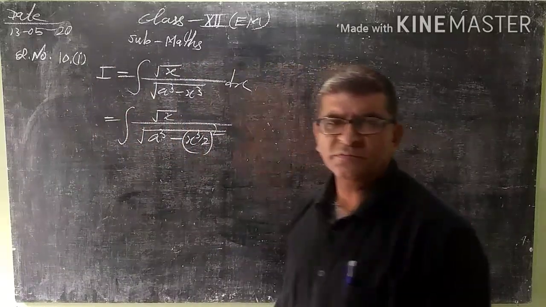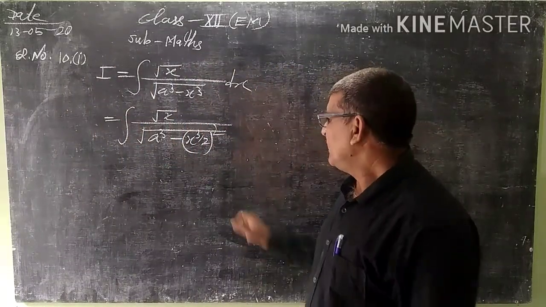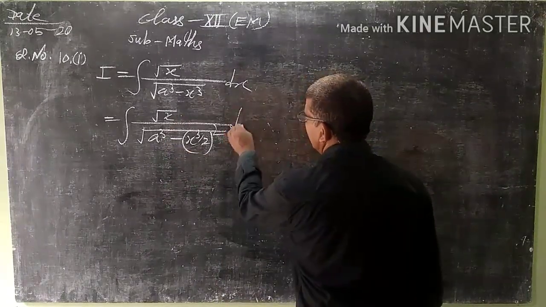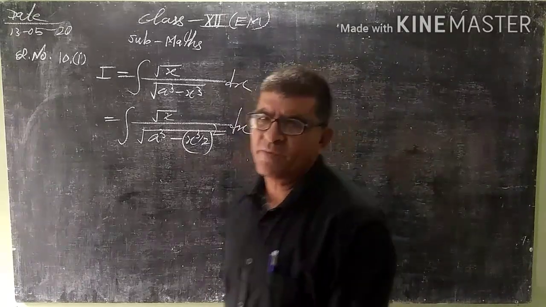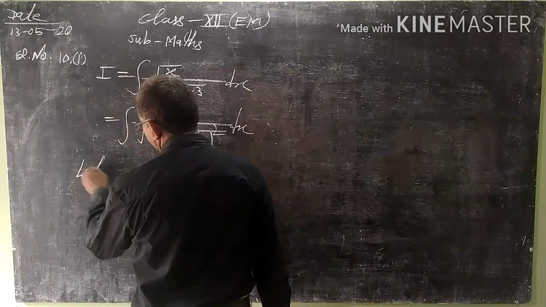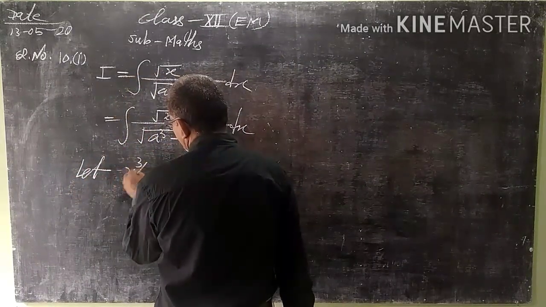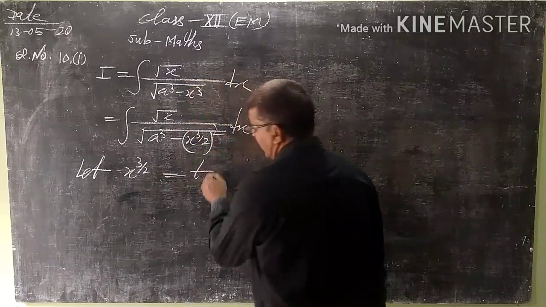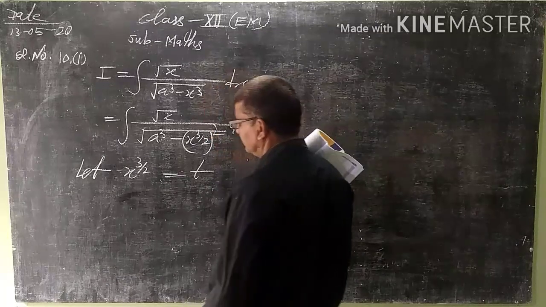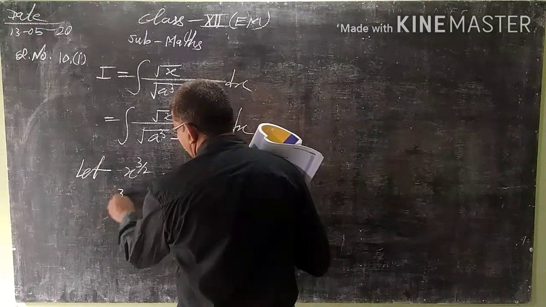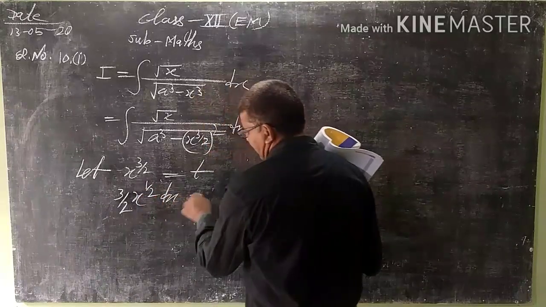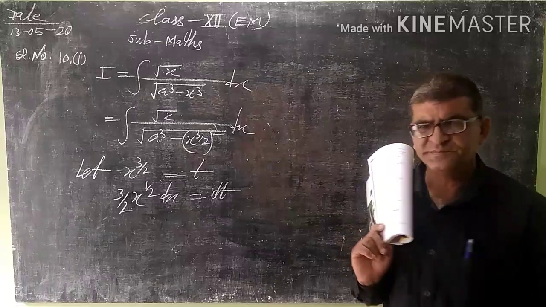Why we have done this? If we take this t, then under root x dx equal to dt. That is why we have taken like this. Now let x power 3 by 2 equal to t, and 3 by 2 power of x 1 by 2 dx equal to dt.